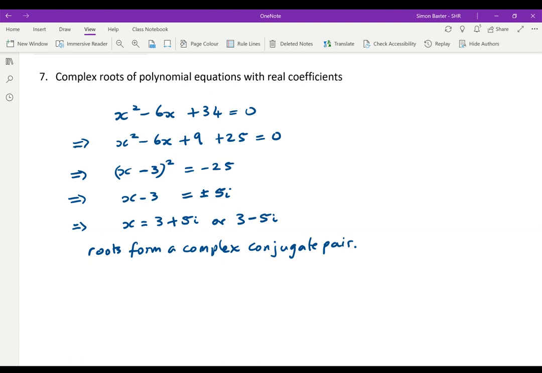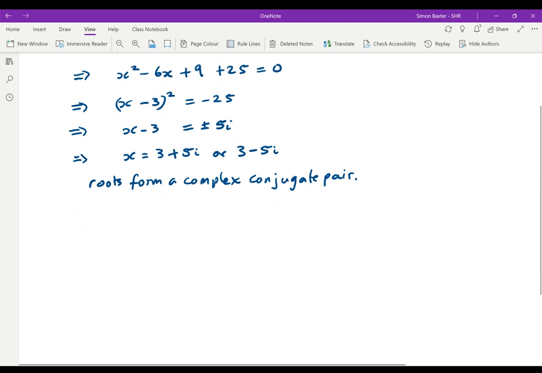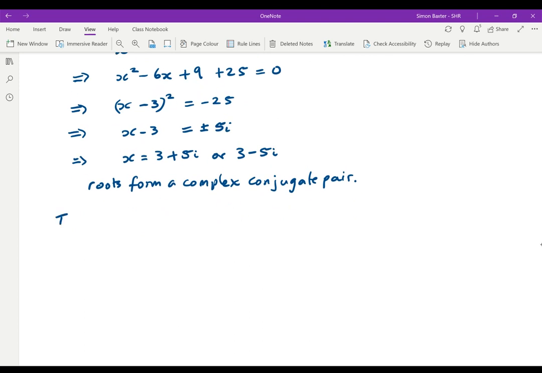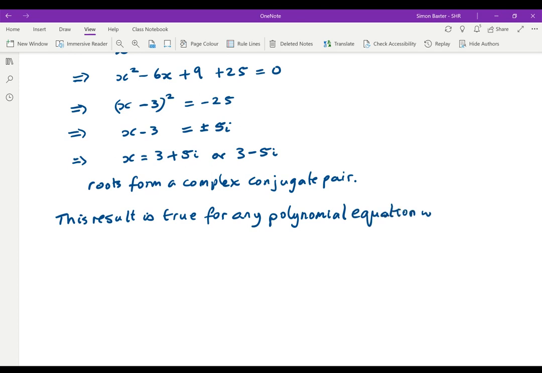Well, this result is in fact true for any polynomial equation with real coefficients.